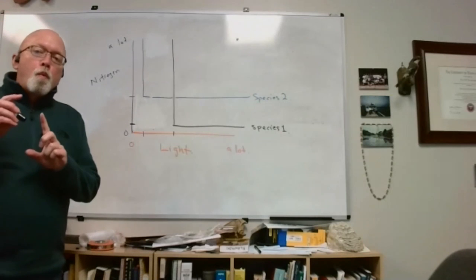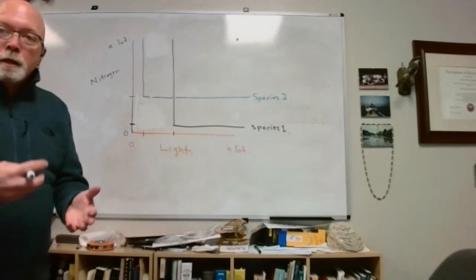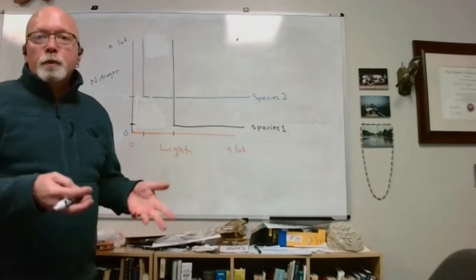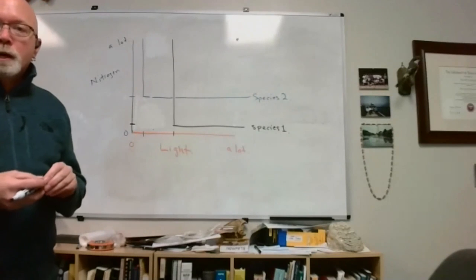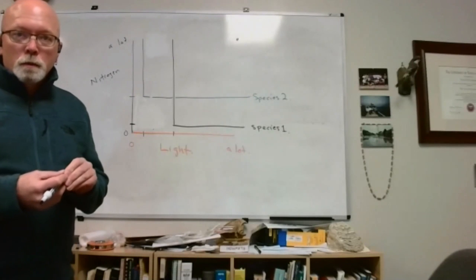Now, as populations grow, because there's a lot of nitrogen and because there's a lot of light, what happens to resource supply of these two resources over time as populations of species 1 and species 2 grow?